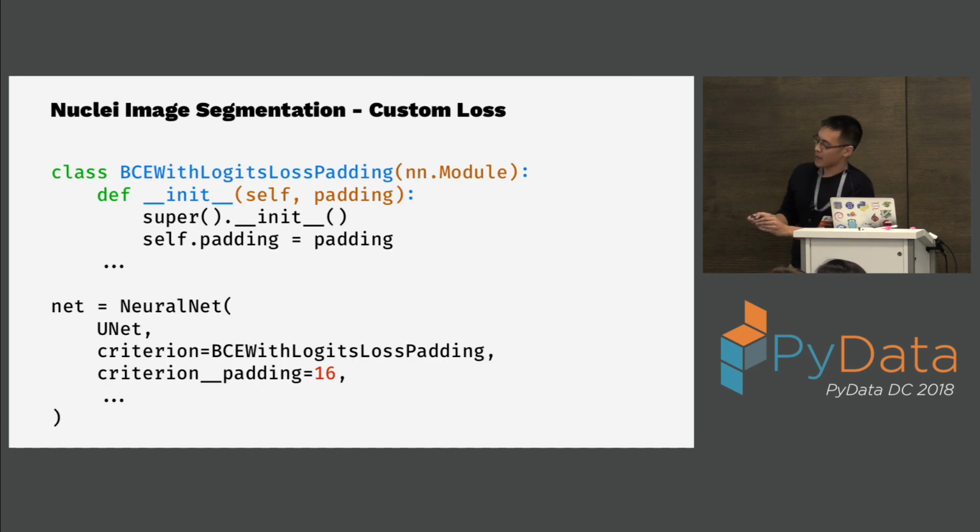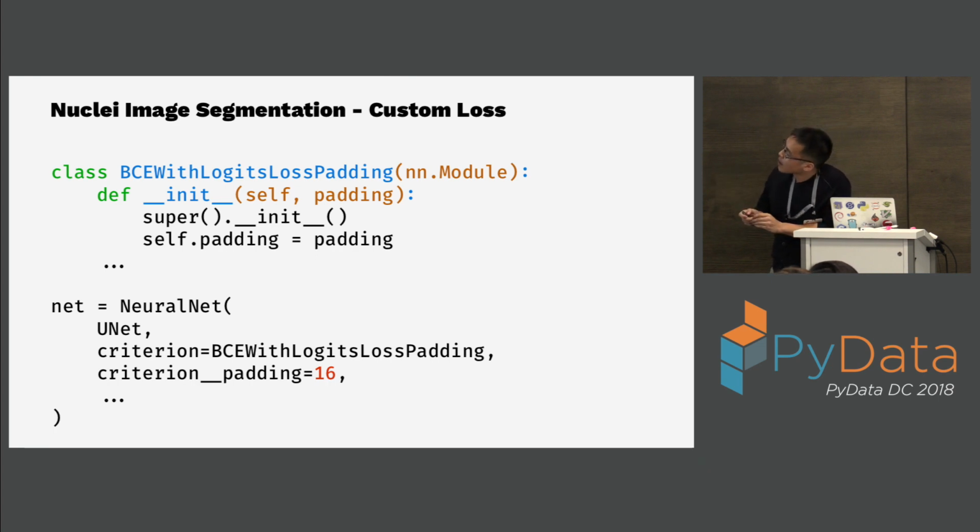Now, remember that we don't want to count the padding of your image. And so we need a custom criteria for this example that knows about the padding we just did. So we want to ignore the loss at the edges. Okay? So we have a new validation loss that I defined, and it has a parameter called padding.